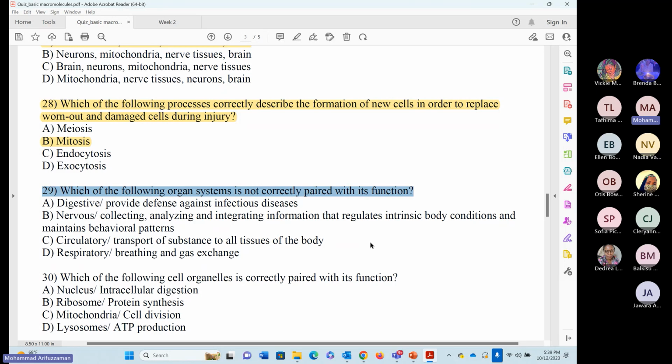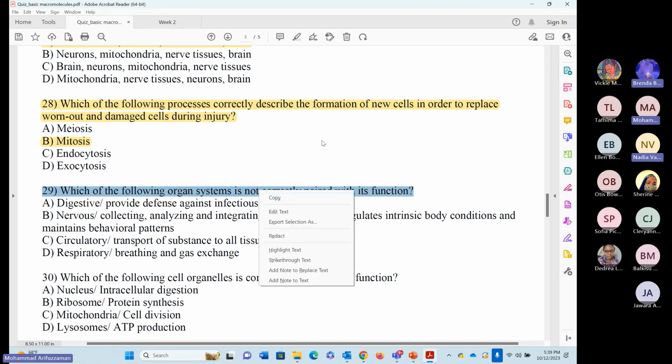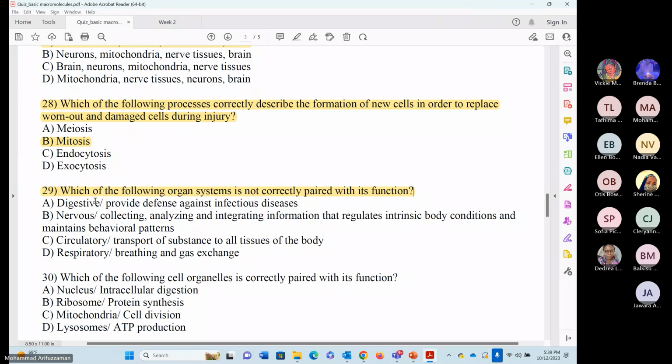A. Yes. So the digestive system provides defense against infectious disease. What are the functions of the digestive system? Helps in digestion and absorption.